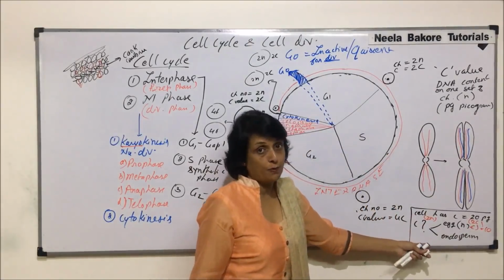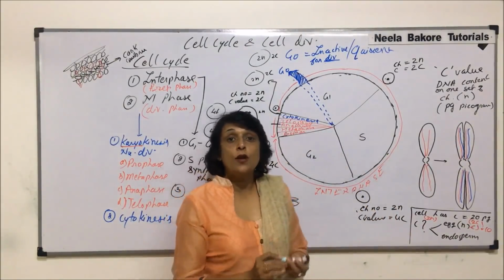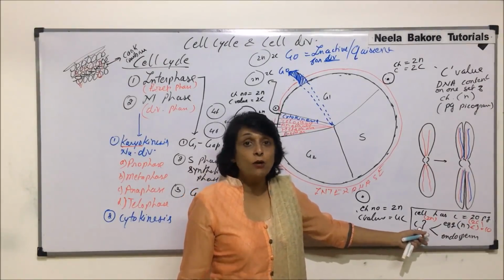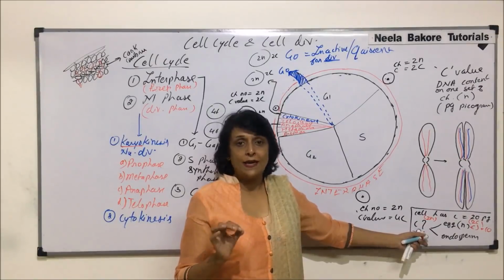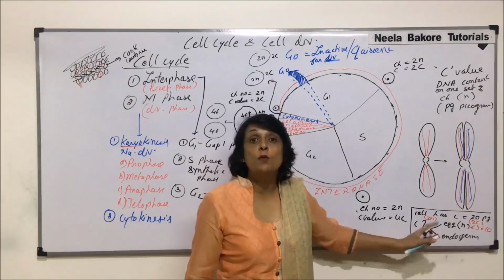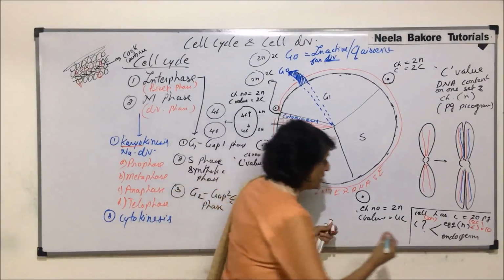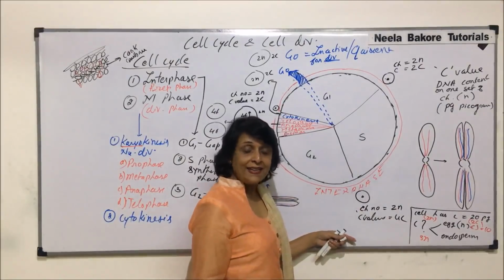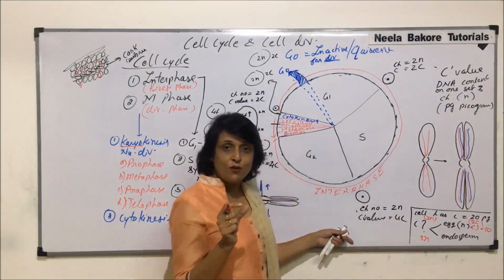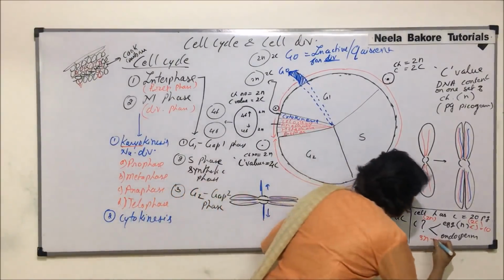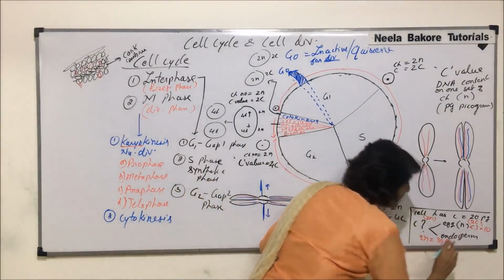An endosperm. Again, when we are talking of simple endosperm, we are talking about the most common plants, that is angiosperms. And in angiosperms, the endosperm is triploid. So endosperm is 3N. If N is equal to 10 picogram, 2N is equal to 20 picogram, 3N will be 30 picograms.